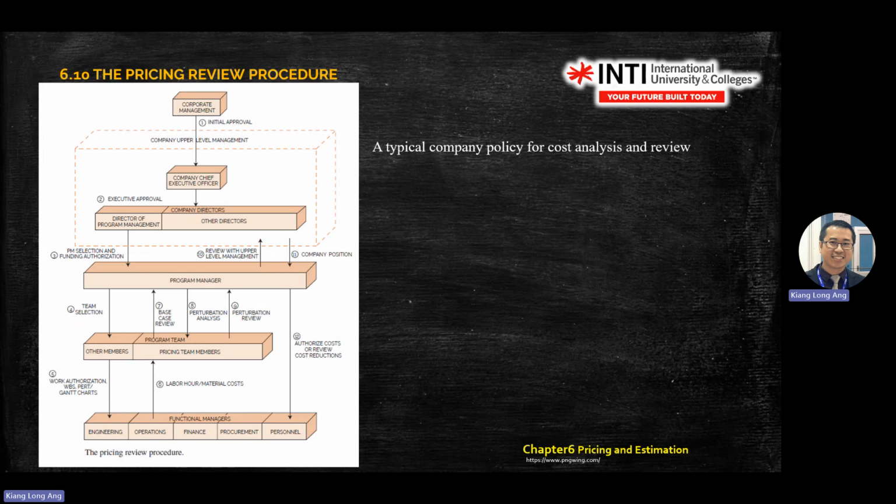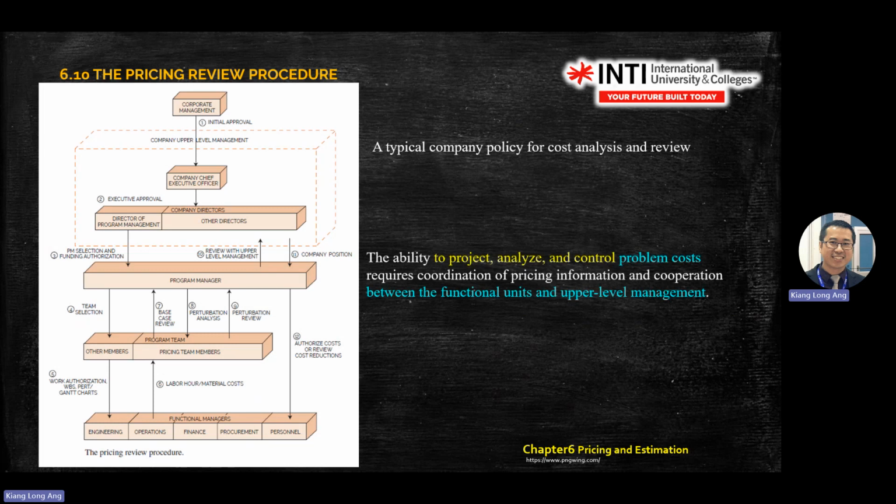So the arrows go up and down. It depends on how you process the policies, the pricing. This one also you go and read the PowerPoint slides. This is a review procedure, how they go up and down.